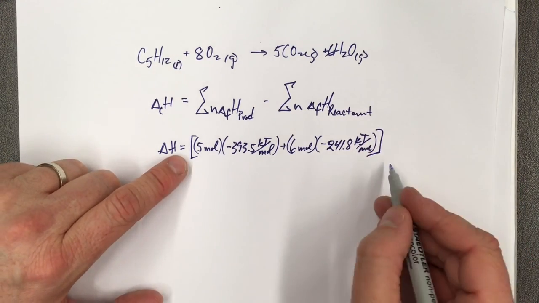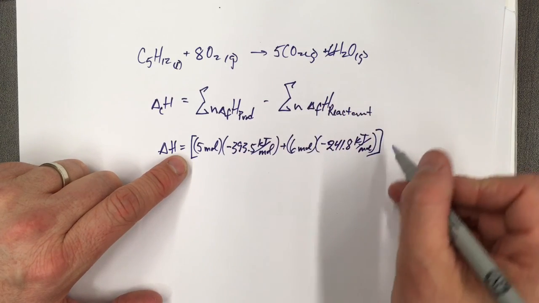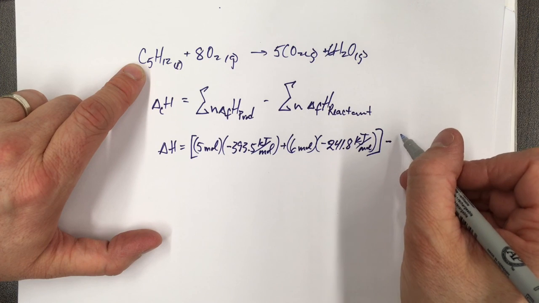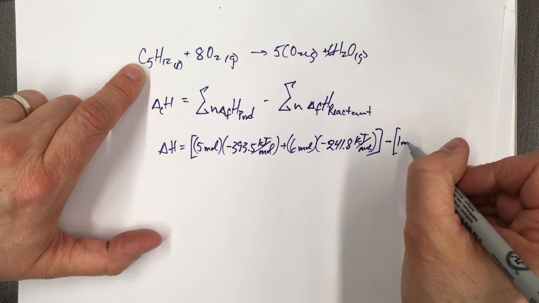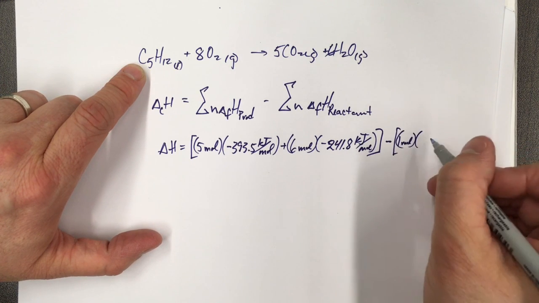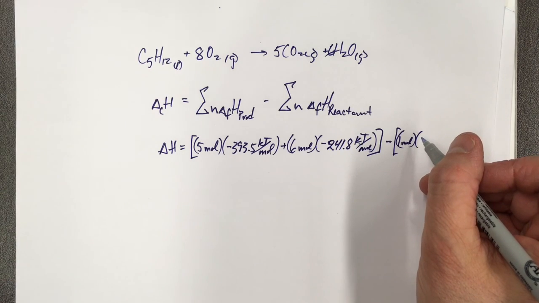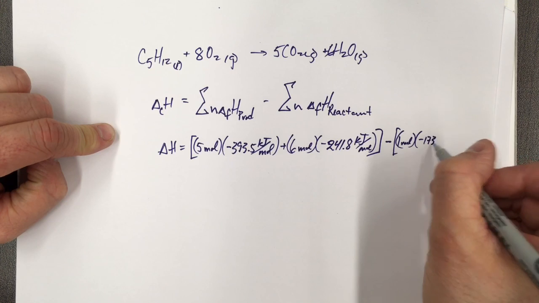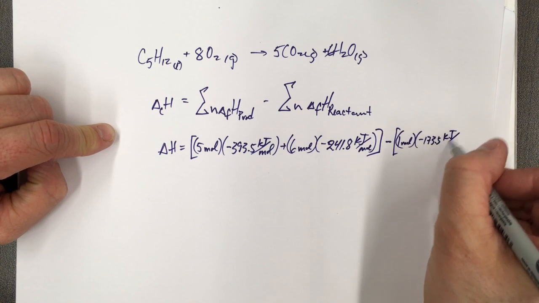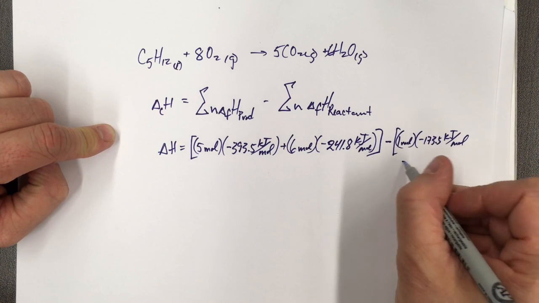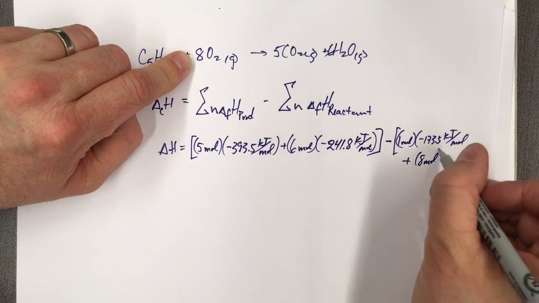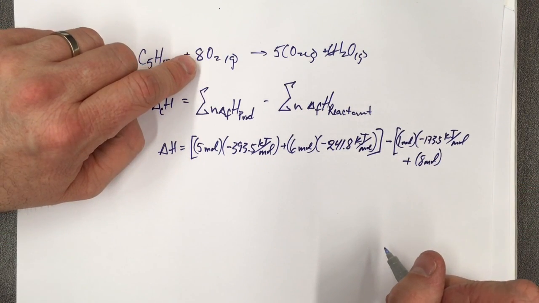So that's the energy of making these bonds from the elements, minus the energy to break apart the reactants. So it's going to be 1 mole of pentane times its formation enthalpy, which is negative 173.5 kilojoule per mole, plus 8 mole times the formation enthalpy of oxygen.